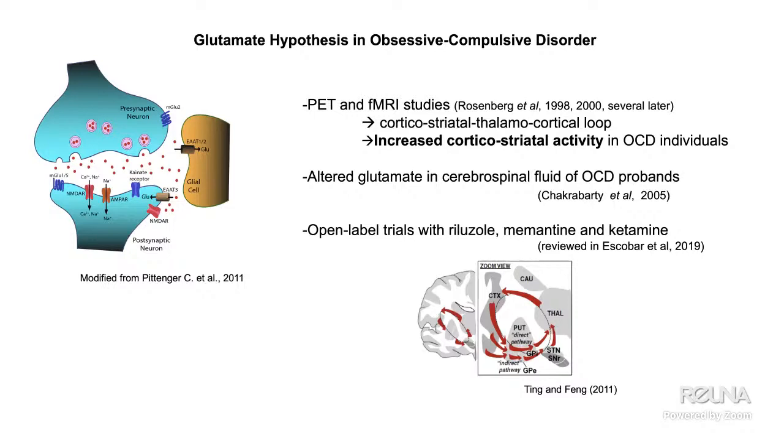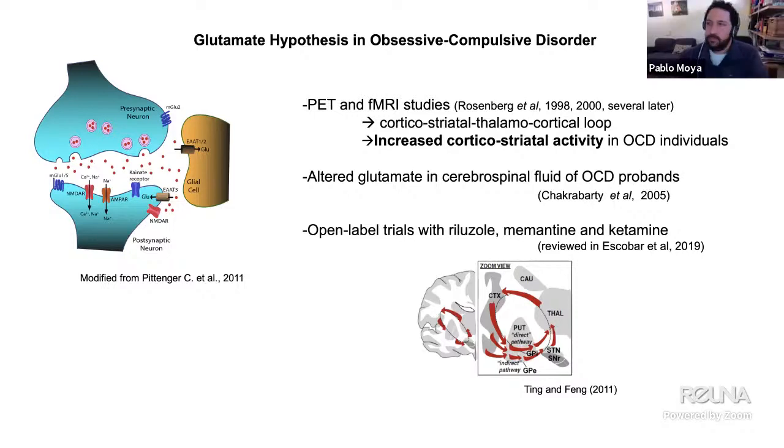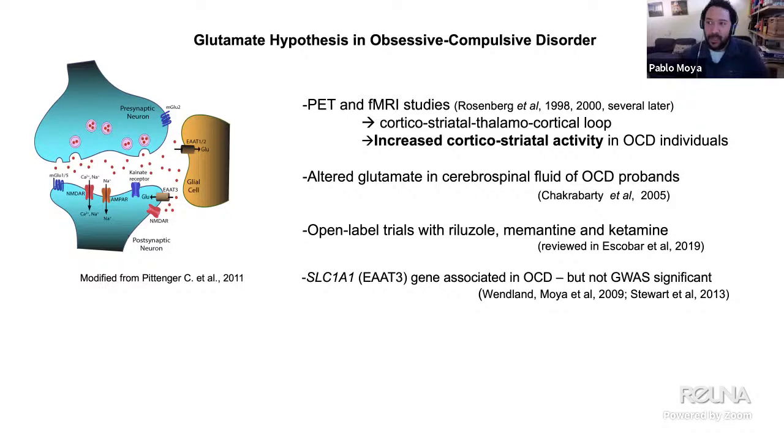All right. So that's essentially the scheme of the corticostriatal thalamocortical loop with the parallel direct and indirect pathways, where there are glutamatergic connections. And in the case of the genetic findings from human studies, the gene encoding E3 is one of the most highly associated in case control studies.